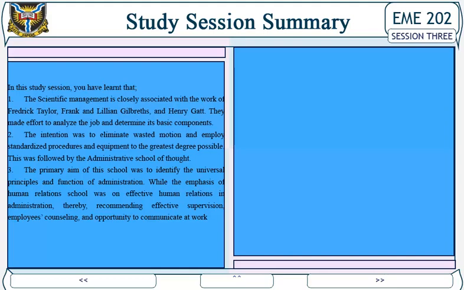Elton Mayo's famous experiments, particularly those conducted at the Western Electric Hawthorne plant, opened a new dimension of management thought. Mayo found that an efficiently designed job would not always lead to improved productivity, as the scientific management school believed.